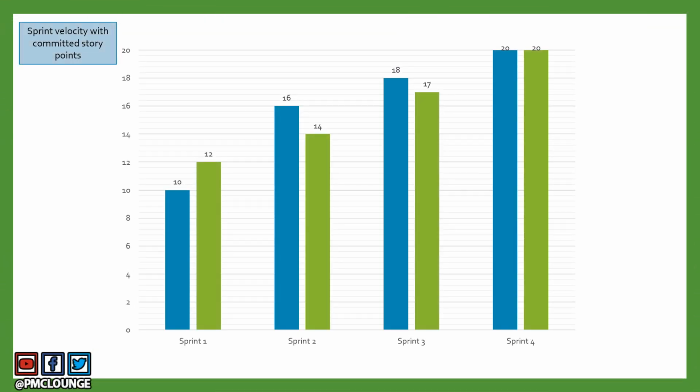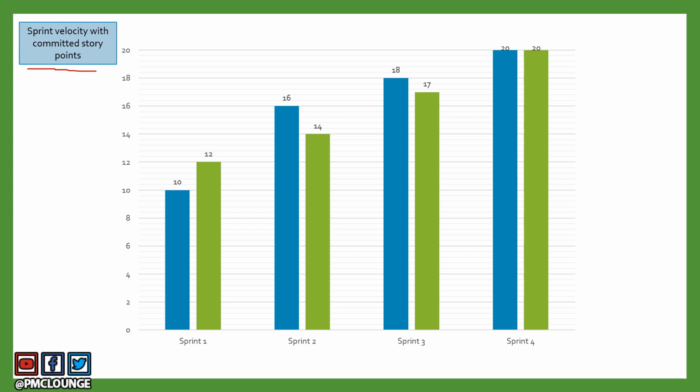So this is another type of chart. It is known as sprint velocity with committed story points. In the previous slide, we talked about just the sprint velocity chart that had the story points that the team was able to accomplish.